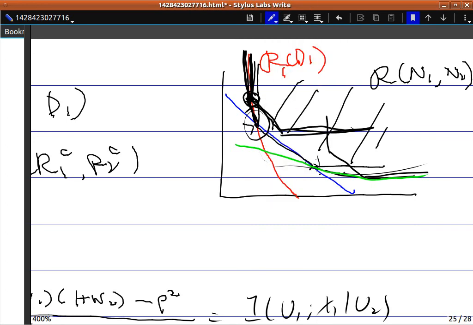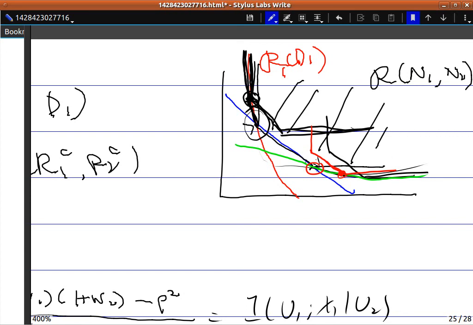By the same argument, this corner point can first be achievable, and then for any point on this R2 D2, I can find another M1 tutor, M2 tutor, such that the corner point of that M1 tutor, M2 tutor will overlap with this point here. That's basically the same point here.